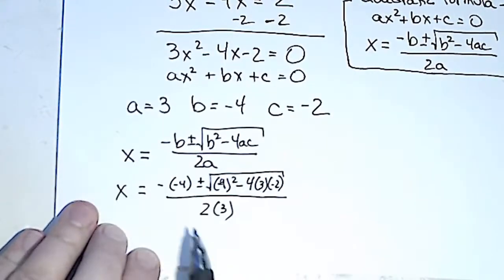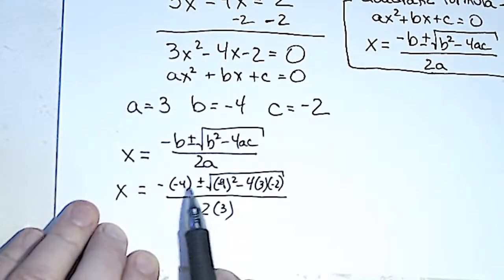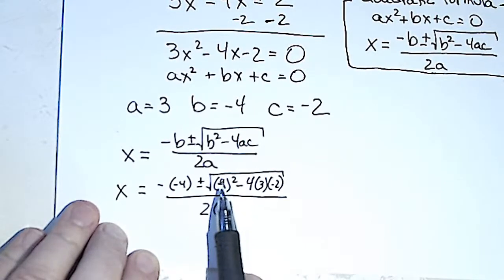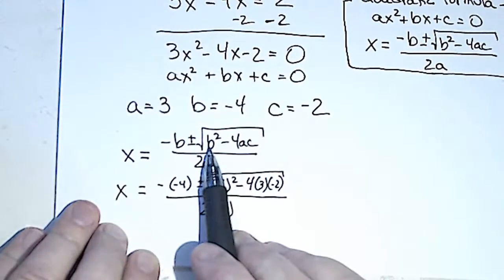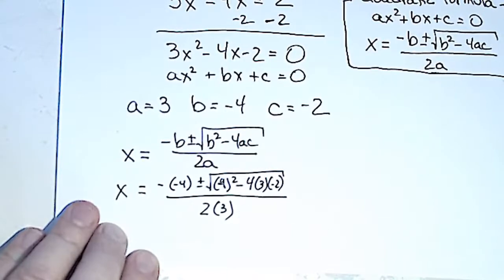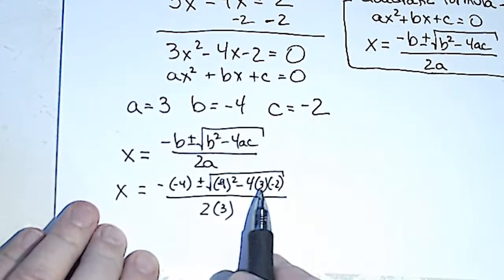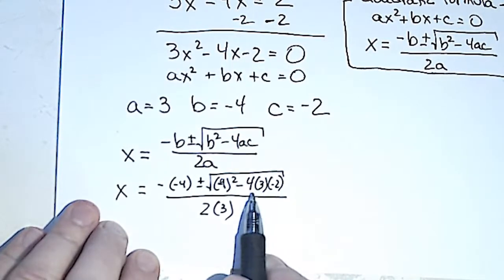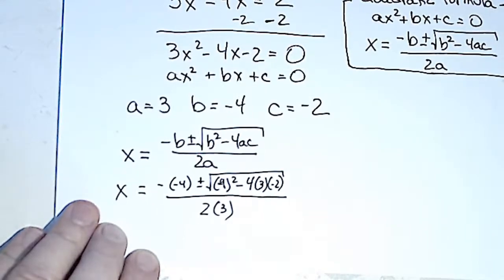So x equals the opposite of negative 4 plus or minus, and I'm sorry, this got a little squishy in there, negative 4, the quantity squared. Remember that the whole of b is squared, so that minus stays inside the parentheses. Minus 4 times a times c. So 4 times 3 times negative 2 all over 2a.